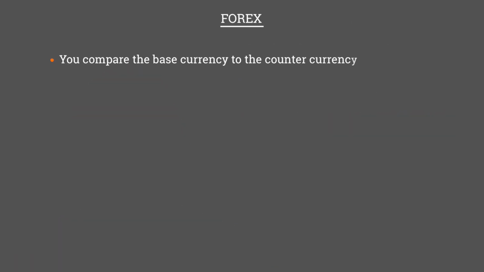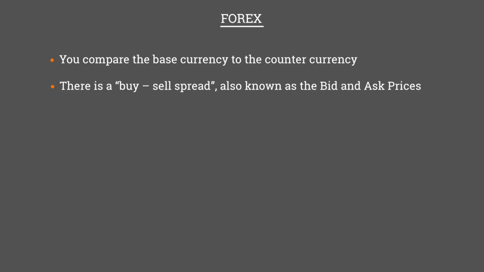So let's look at the language of exchange rates between two floating currencies. We can call these two floating currencies a currency pair. P-A-I-R, a currency pair. And one of these currencies then is the base currency, and the other is the counter currency. So we compare the base currency to the counter currency. Now there are two prices, there are two quotes in this scenario.